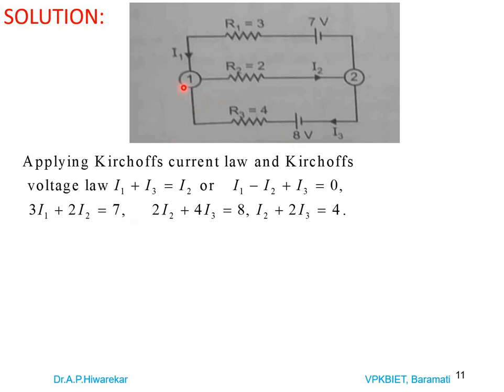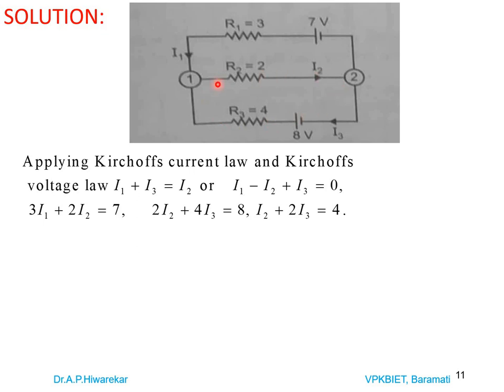Now if you apply voltage law for this particular loop, the upper loop, we have 3I1 plus 2I2 is the applied EMF, which is 7. So 3I1 plus 2I2 is 7.